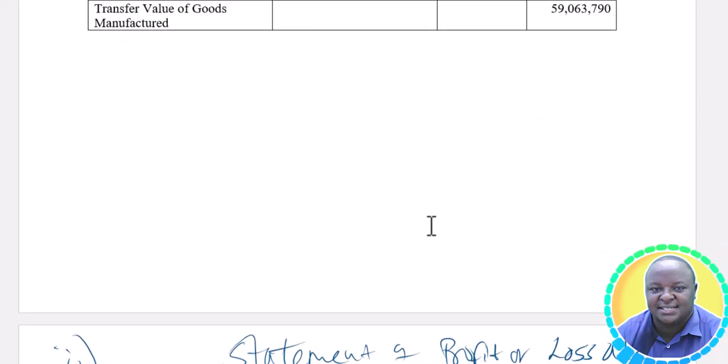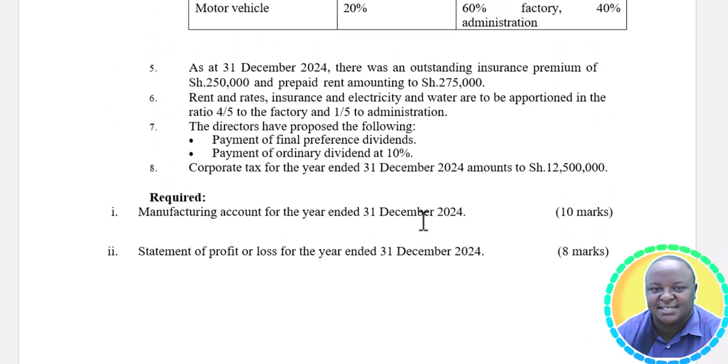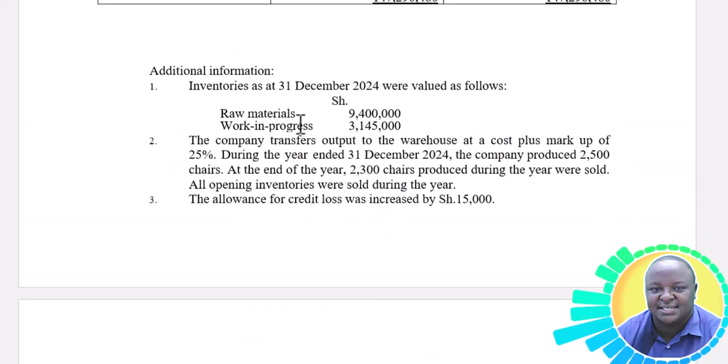Remember, from the additional information, we have been told that in the additional information number 2, the company transfers output to the warehouse at a cost plus markup of 25%.